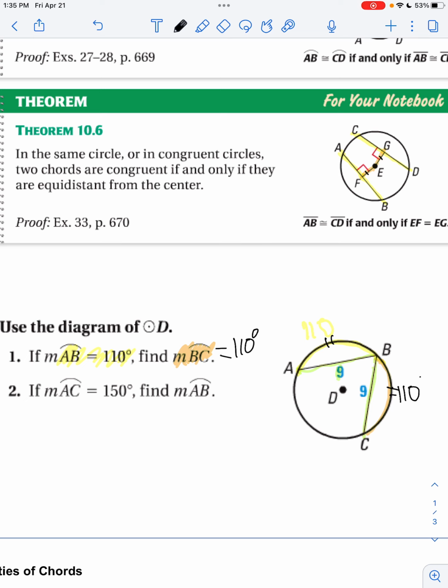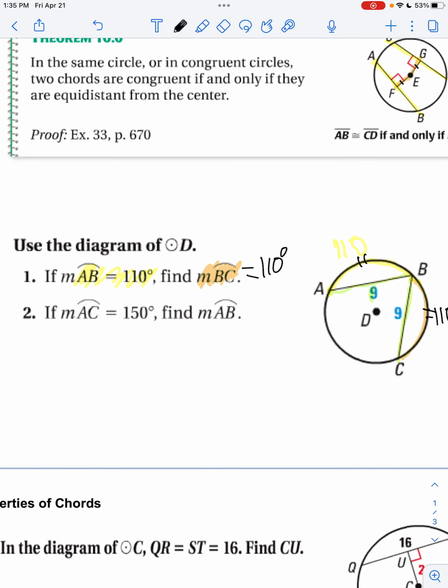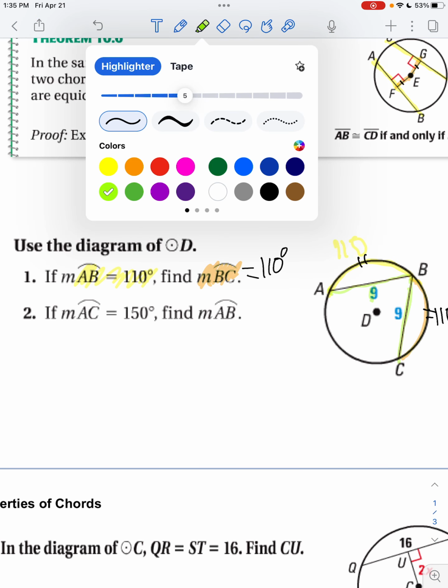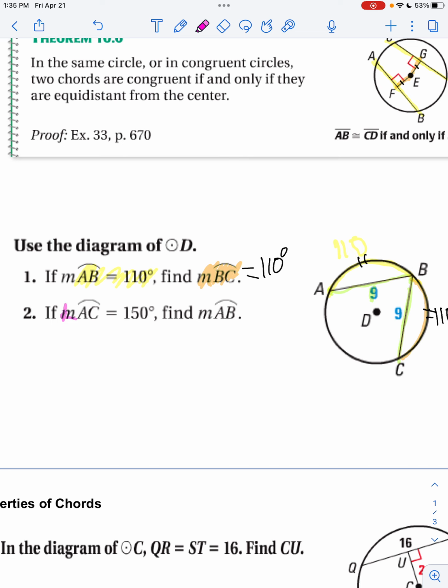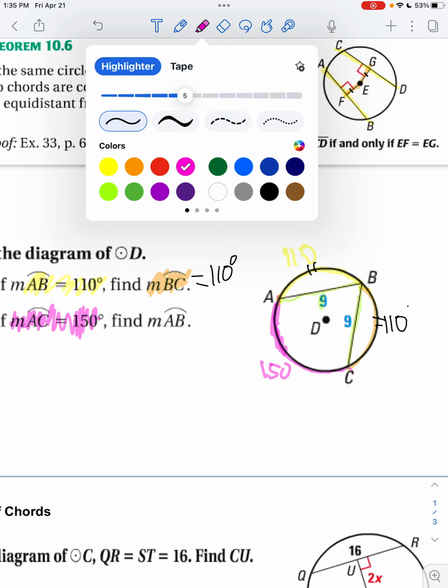If the measure of angle AC equals 150, so this is kind of a different problem, find the measure of arc AB, which would be over here.